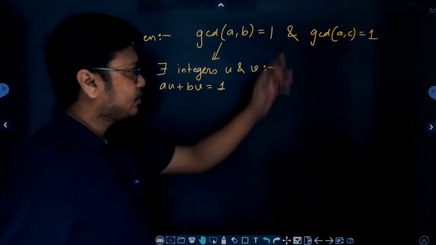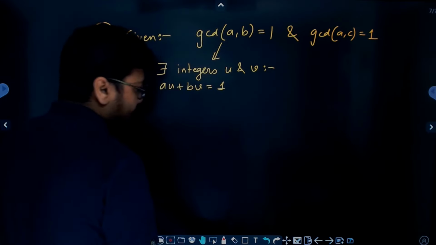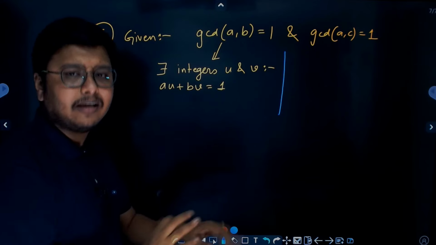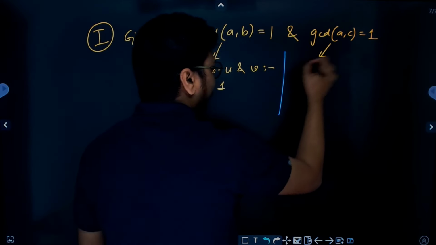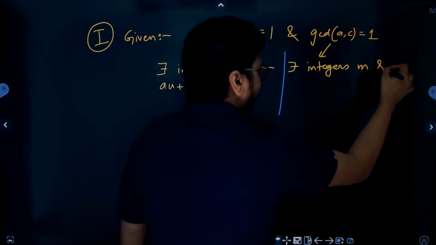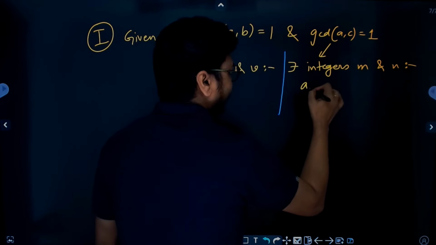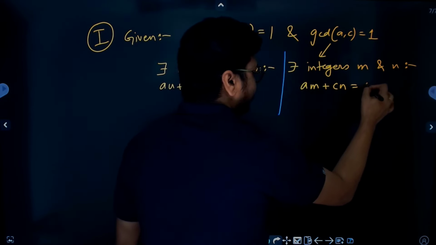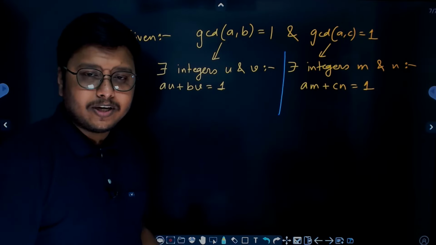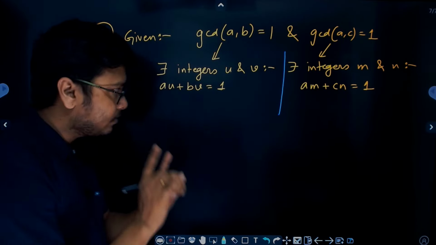Again, I will convert this into an equation. I'll not use the same integers u and v again, I'll use different ones. So there exist integers m and n such that Am plus Cn is equal to 1.